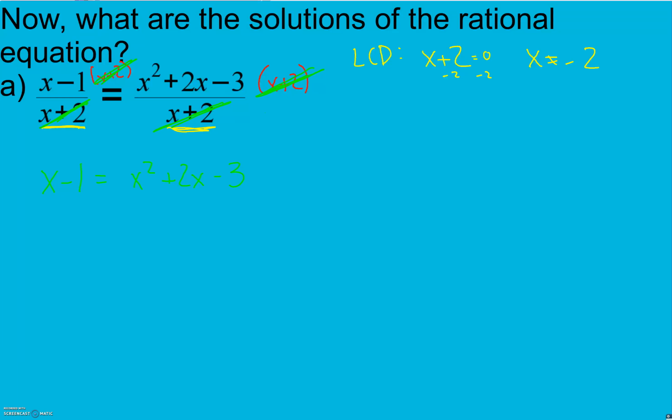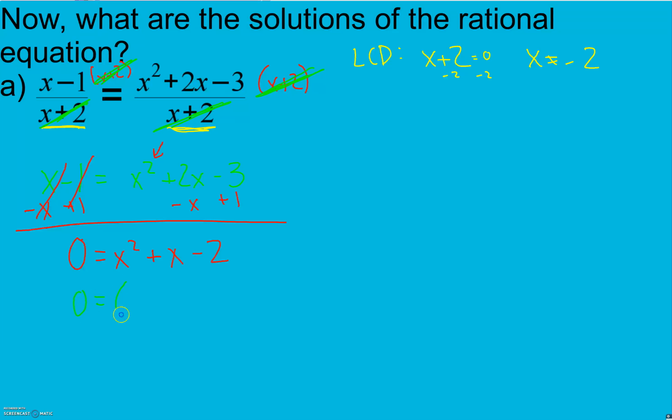Everything canceled. Now, I need to go ahead and, since it's quadratic, get it set equal to 0 by subtracting an x and adding 1. So I get 0 equals x squared plus x minus 2.